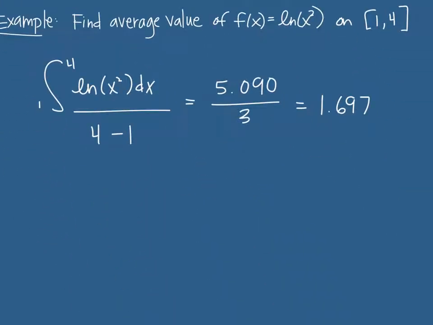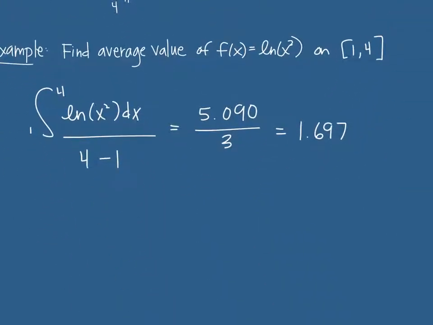And so we're going to take what we got for our average value, and we should be able to set it back equal to the original function and solve for a solution, at least one solution, within the interval that we have. So we should be able to take our original function, ln of x squared, set it equal to 1.697, store that value on your calculator, by the way.